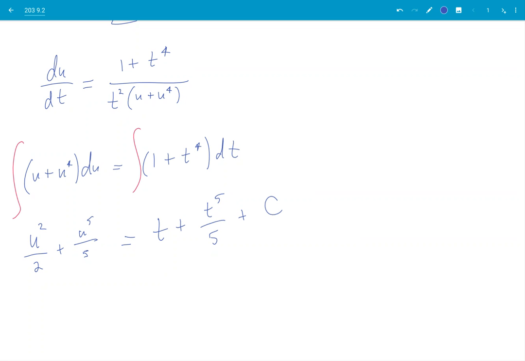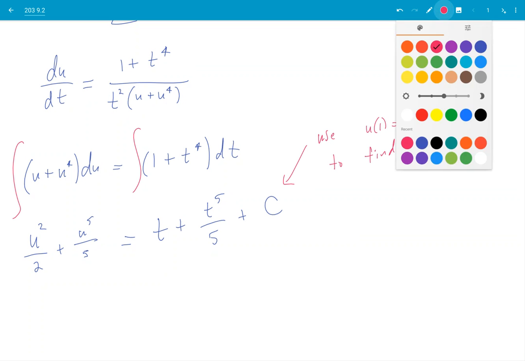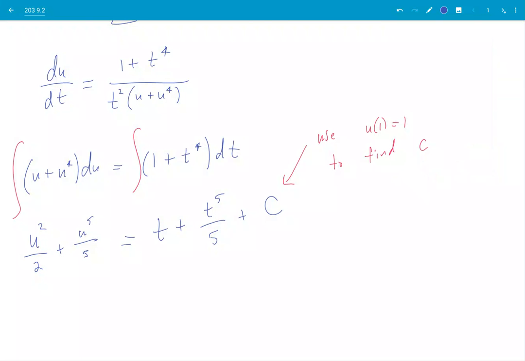Now, I want to use u of 1 equals 1 to find c. Okay, so I guess you could think of this as a general solution. As you can see over here, I'm not going to be able to solve for u.